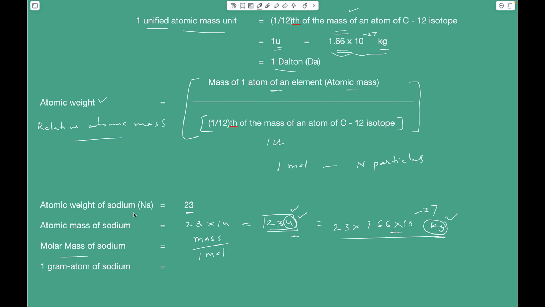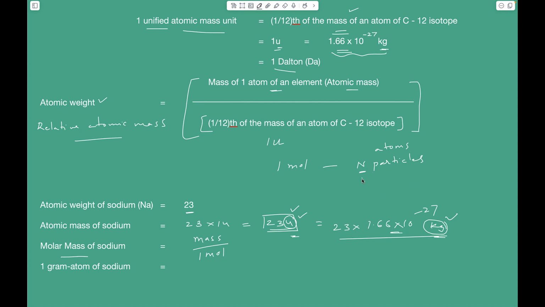That means their molecules contain only one atom each. Or in other words, they are only composed of atoms and they do not contain molecules. So, for sodium, by particles we mean atoms. So 1 mole of sodium contains an Avogadro's number of sodium atoms.